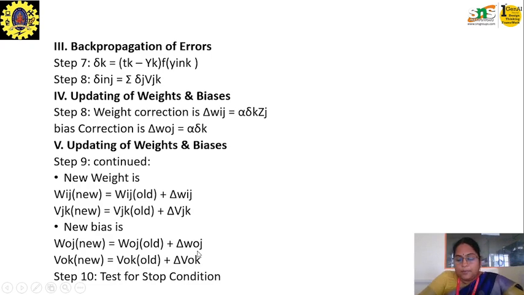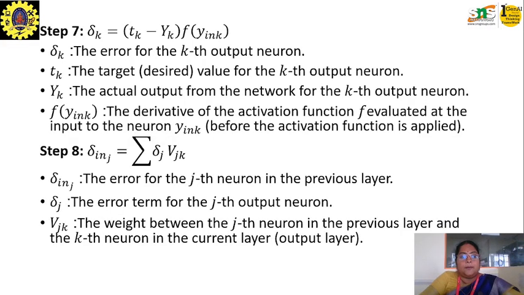Step 10, stop the condition. Until then, steps 4 to 9 have to be repeated for every input received from each layer, perceptron layer. Here I have given the detailed explanation for step 7 and step 8. In step 7, del k is the error of the kth neuron, tk is the target value, yk is the actual output, and the function of y_ink is the activation function applied here.